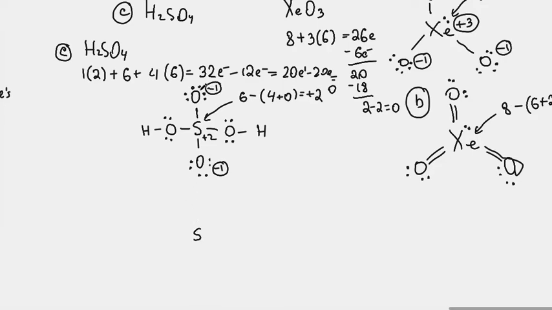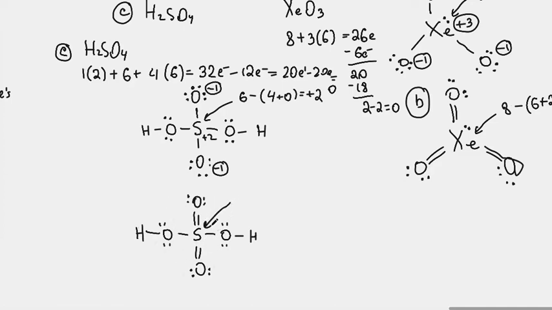Since these are the oxygens that have a -1 charge, they want to get rid of electrons. They have too many. So we're going to make two double bonds with the two oxygens that had too many electrons, and we will leave these oxygens as they were since they had no formal charge. And so our molecule now looks like this.